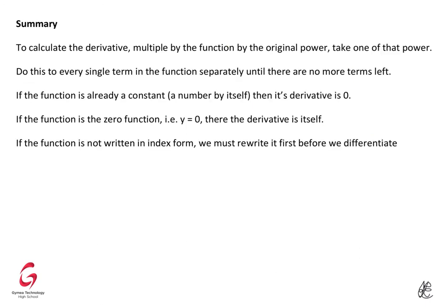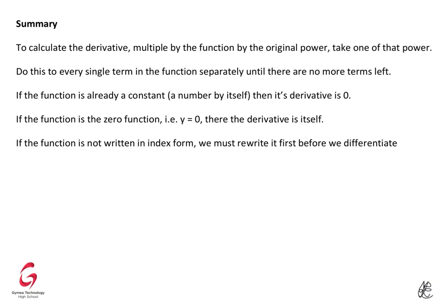Okay, so that is the basic function or the basic pattern that we use when we are differentiating. And so this little summary, it would be a good idea if you now pause this video and write the summary down in your book, because these are the things that we need to remember as our functions start to become more complex and we need to start expanding on this law of basic differentiation.